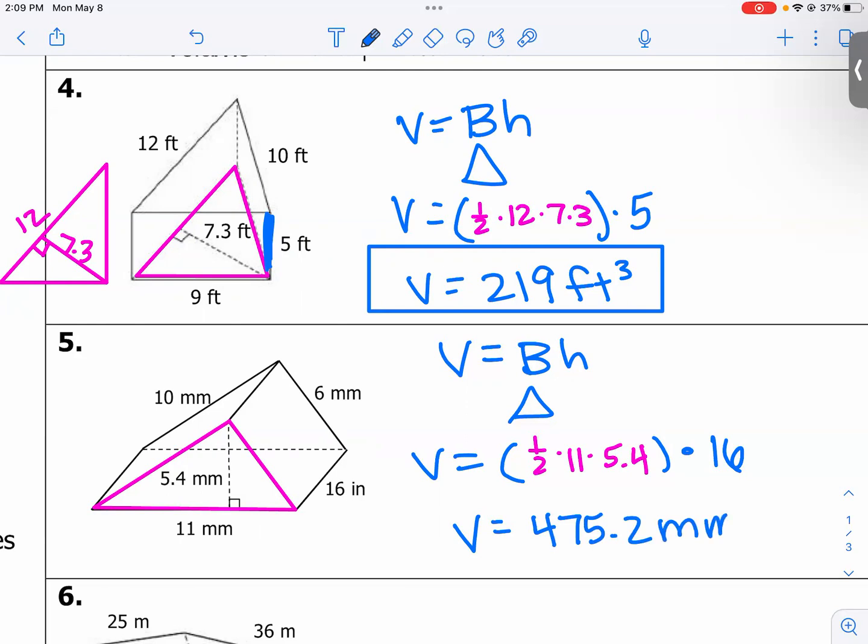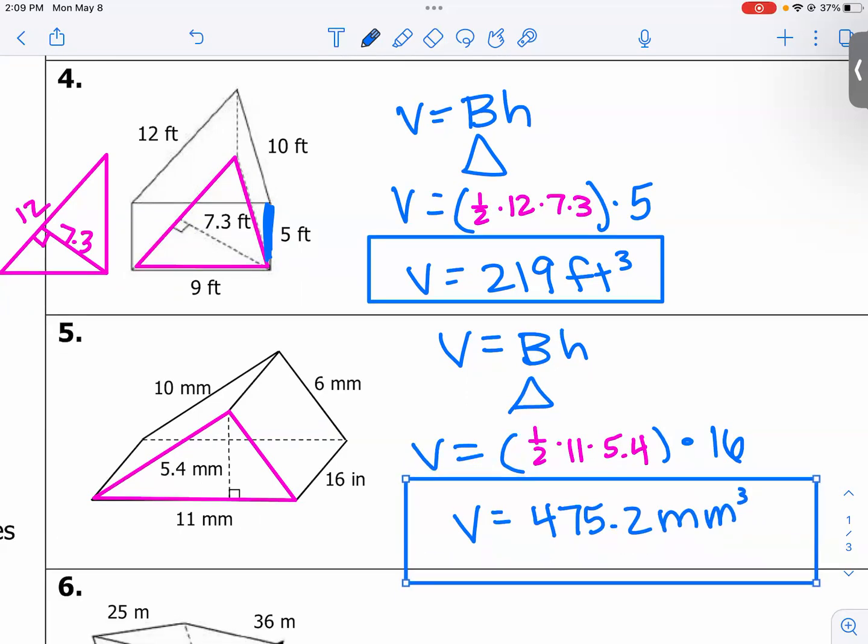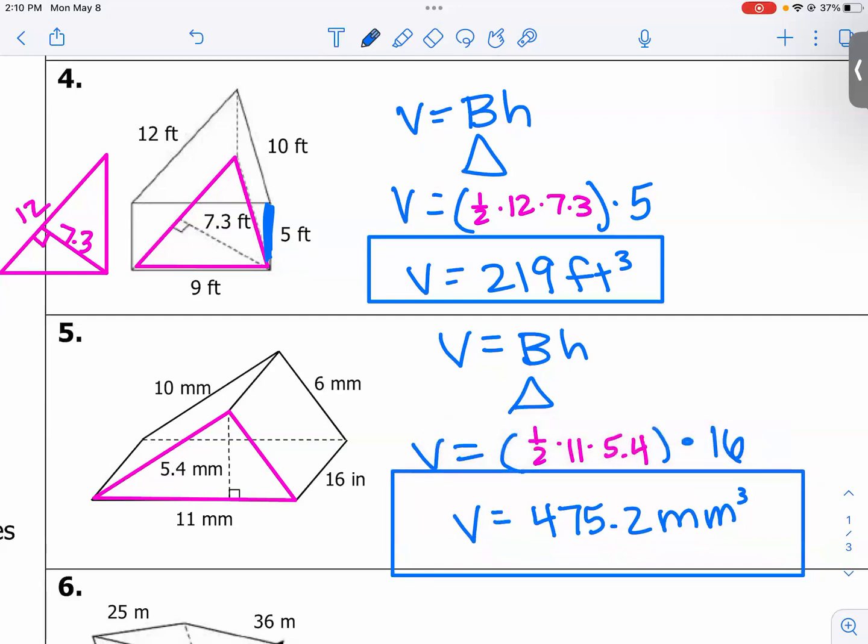Millimeters cubed. Hey, Solomon, why can't you just do 10 times 6? 10 times 6 divided by 2, because it does not tell us that this is a right angle. Aren't they like regular though, like parallelograms?